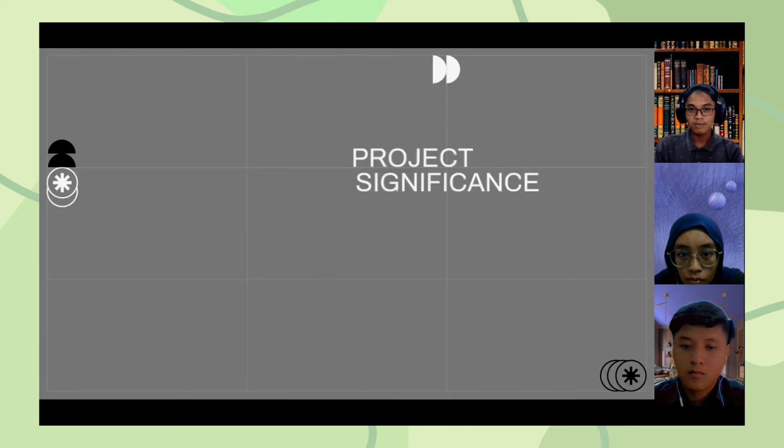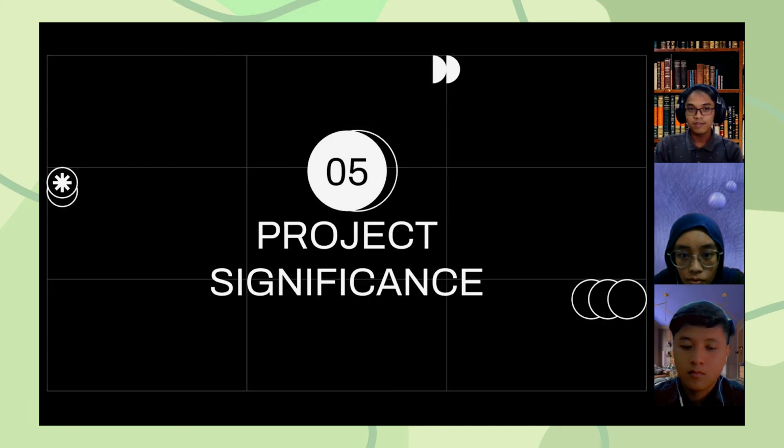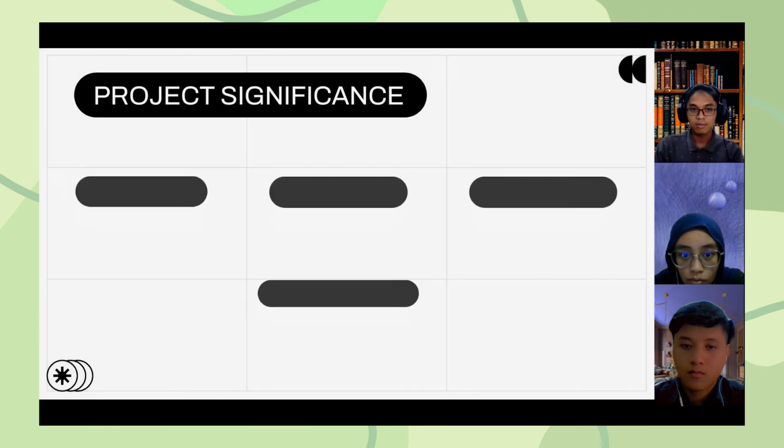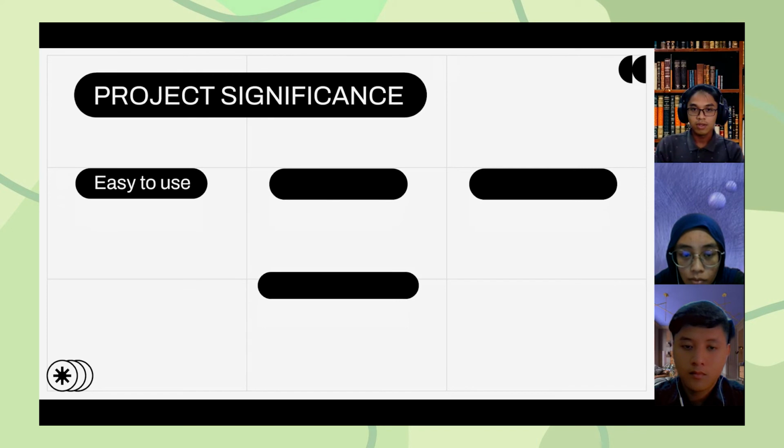Moving on, we have the project significance. We have four project significances, which are easy to use, quick access, minimize error, and effective system.